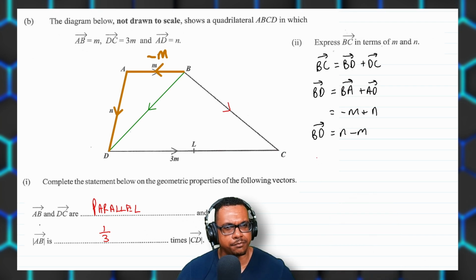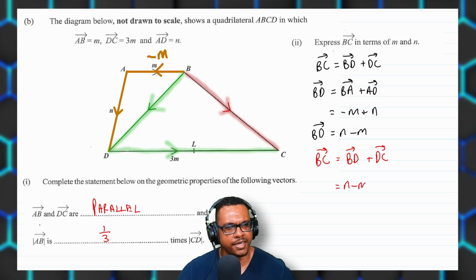So now we could find BC, which is my BD plus my DC. And BD we found as N take away M. So that's N take away M plus, and DC is what? DC is this down here, which is just 3M. So now we have our like terms already together. So negative M, which is negative 1M, plus 3M is just positive 2M. So we have N plus 2M. And this is my vector BC.